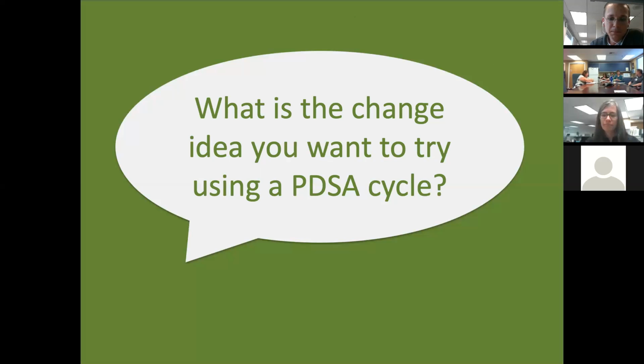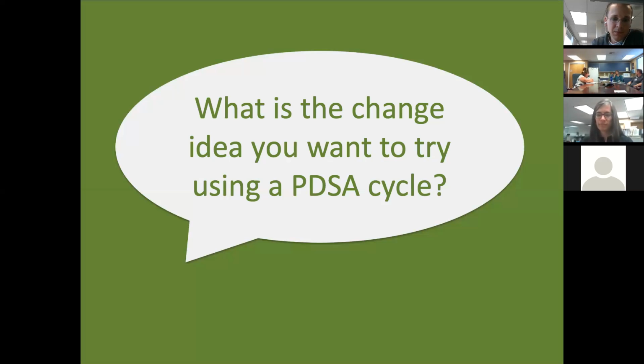You know what? Depending on who you ask, you'll get a totally different response, not surprisingly. Some people are very disciplined and very committed to the discipline of documentation for a PDSA. And I think that can be good as long as it adds value to your process. Other people are much more flexible.